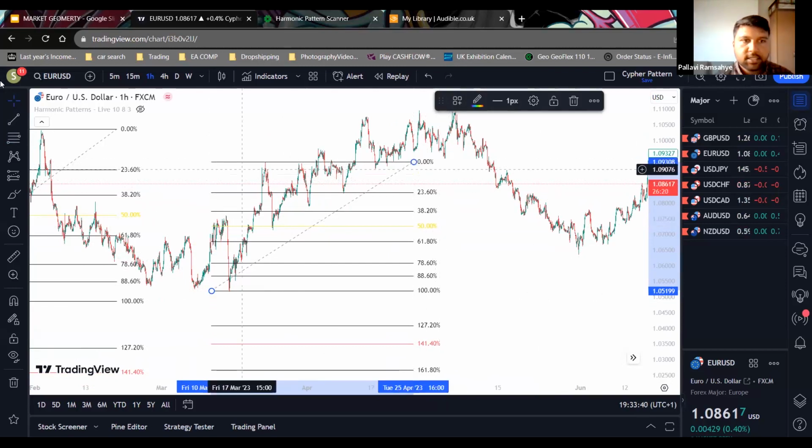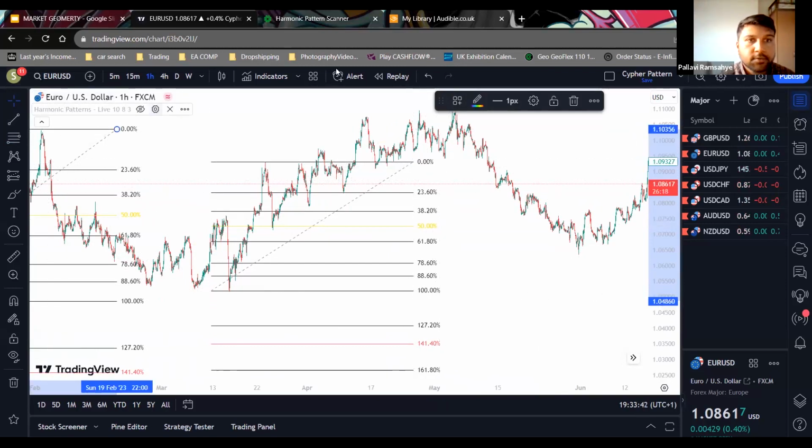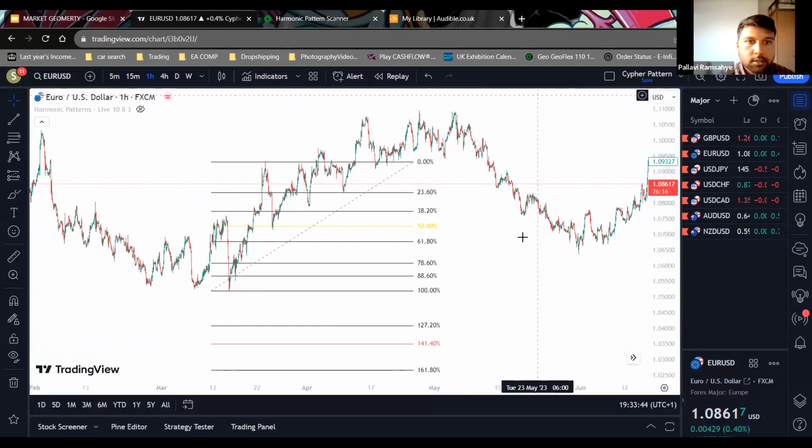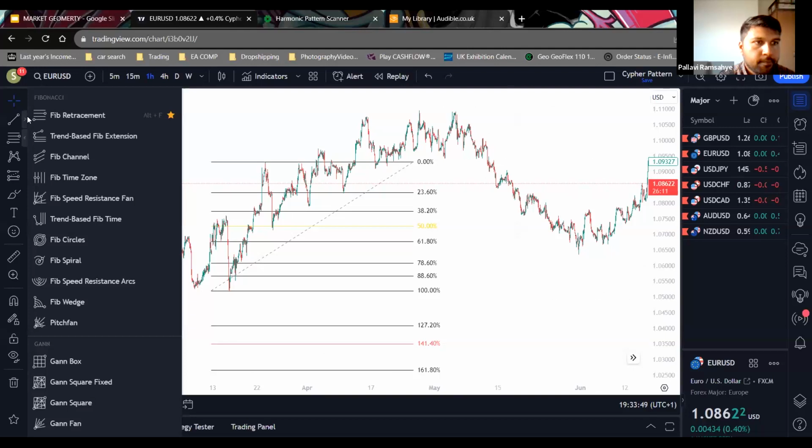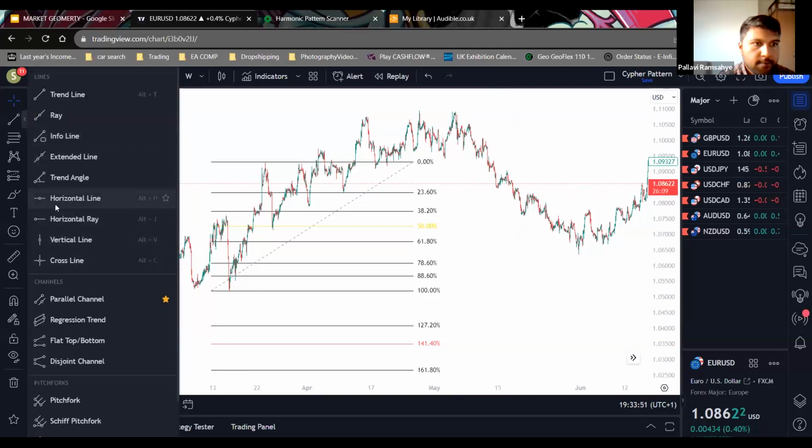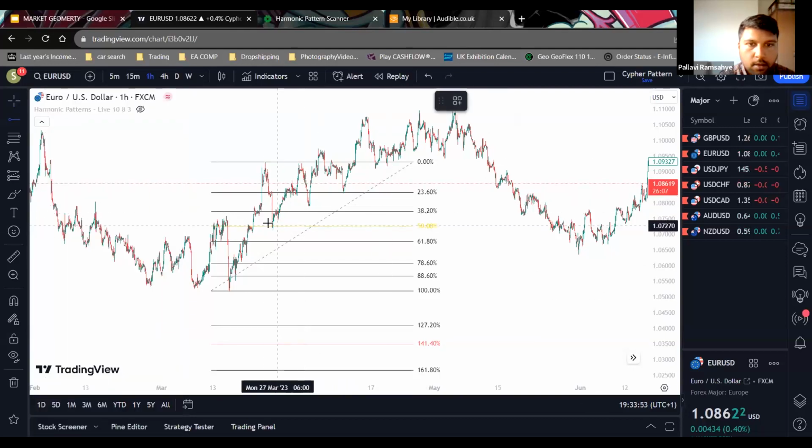So can everybody see these moves and these retracements? So what we have here is a retracement to 50%, around the 50% area.